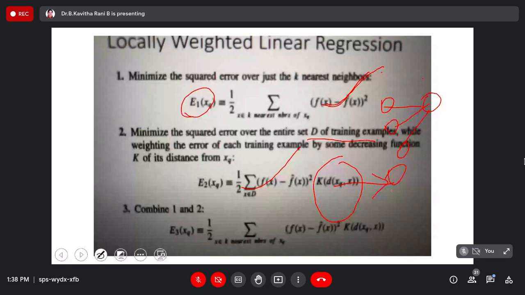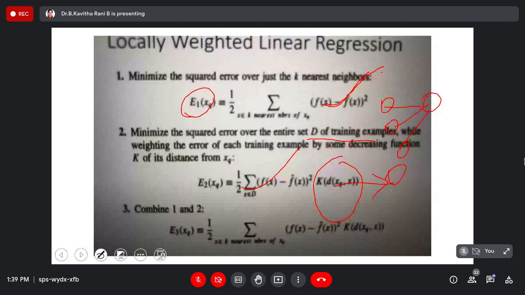So criteria 3 is a good approximation to criteria 2 and has the advantage that computational cost is independent of the total number of training examples. Its cost depends on the second one.